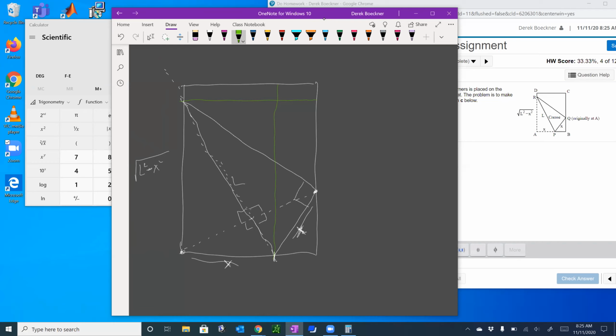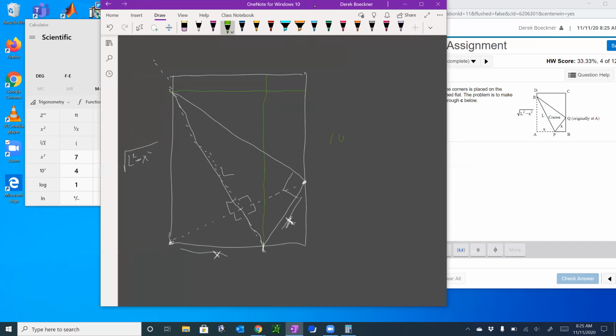Okay, so let's label the rest of the picture. What's the dimensions of our page? 8.1 by 10.2. Okay, what I want to find is going to be this area here. And then once I have that area, I should be able to figure out what L squared is.